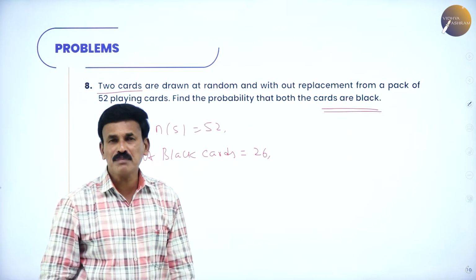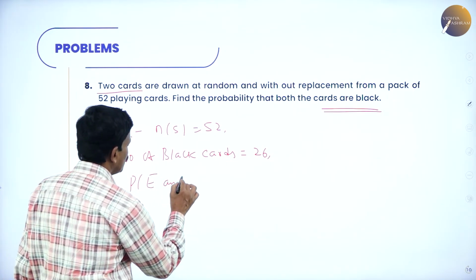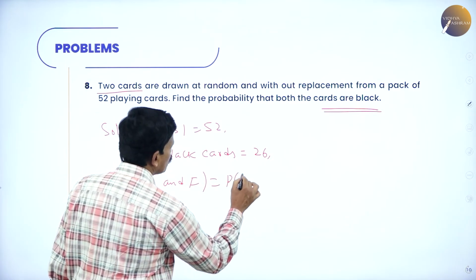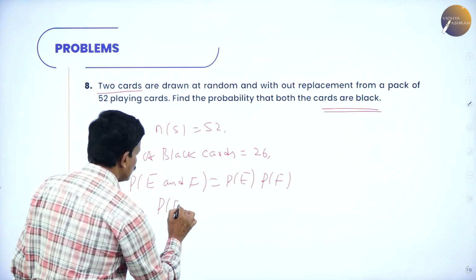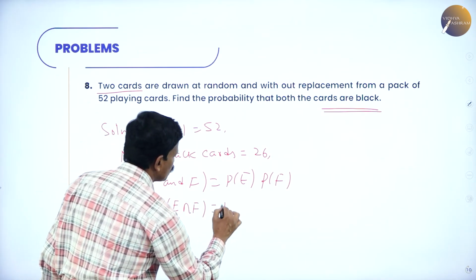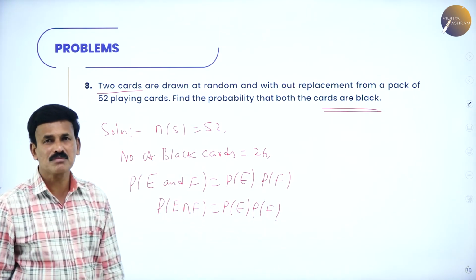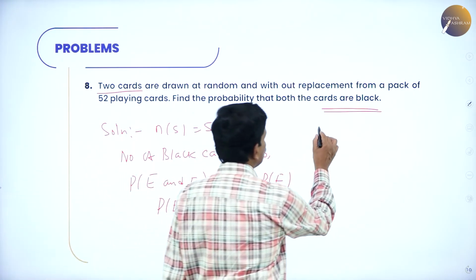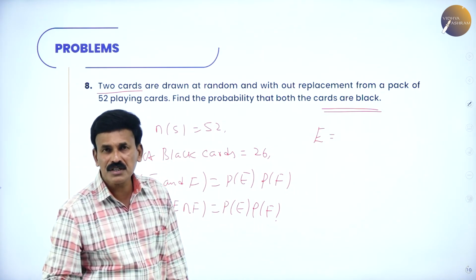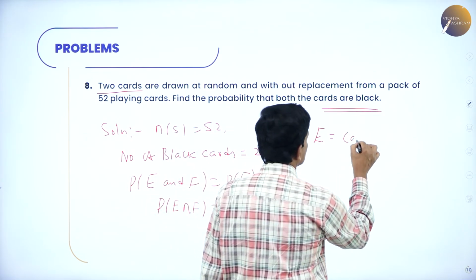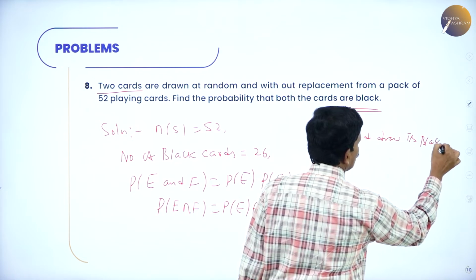Okay. Now, the required probability is the probability of E and F. This is equal to the probability of E intersection F, which is equal to the probability of E into the probability of F. This is to be determined. Now, let us define the two events. Let us define event E as the first card drawn is black.